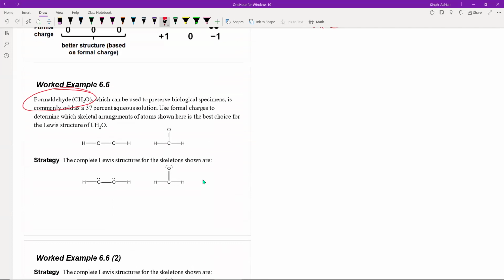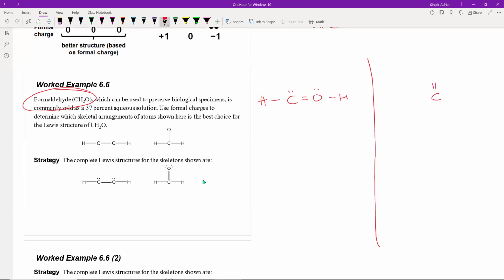We can draw two competing Lewis structures for formaldehyde. We can have a situation where we have a hydrogen connected to a carbon, double bonded to an O, and then an H. That is a plausible Lewis structure.